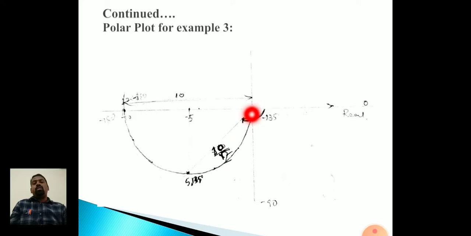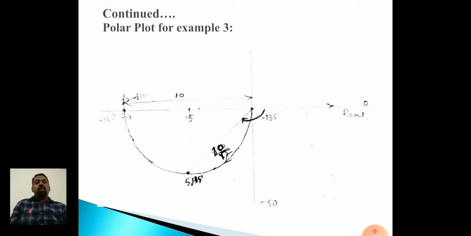So with these 3 points, draw a smooth curve. And the radius is how much? That is 5. Radius is 5 because this unit is 10 units, half of that is 5. With the center point, draw a smooth curve that represents the polar plot for this example.